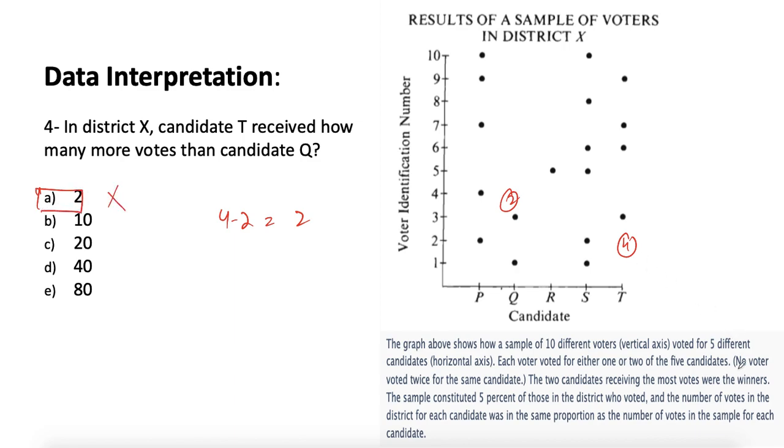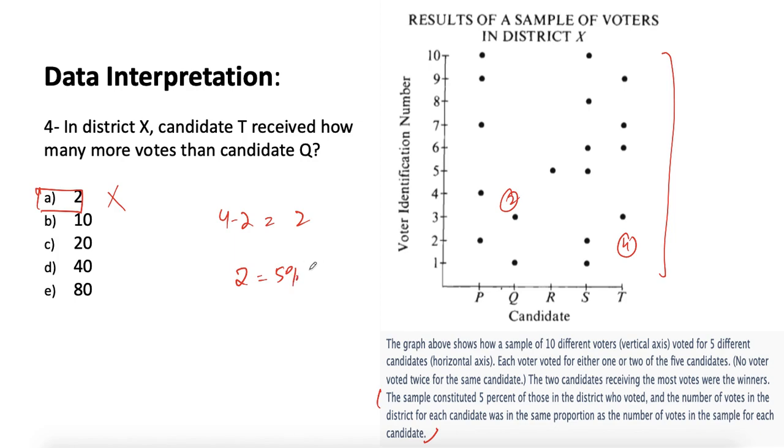The reason is that the graph itself states that whatever votes are gotten by each of the candidates in this sample represent 5% of the votes for each candidate in the actual data set. So that's why 2 is not the answer.